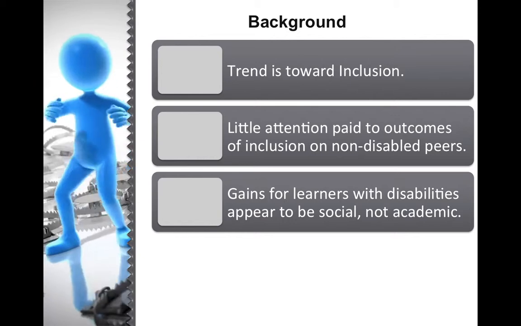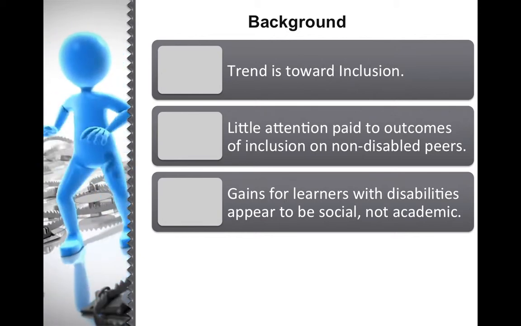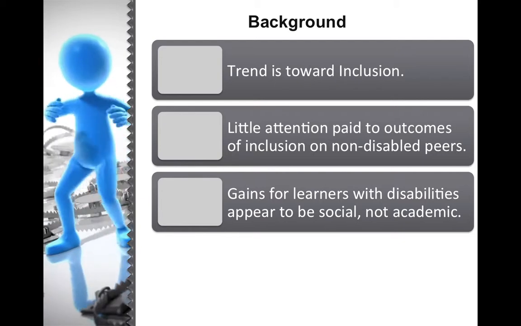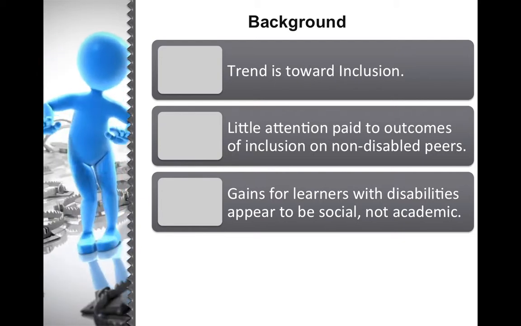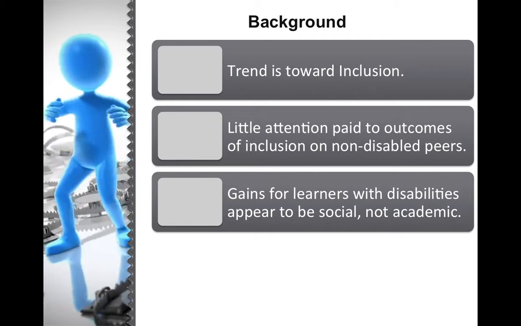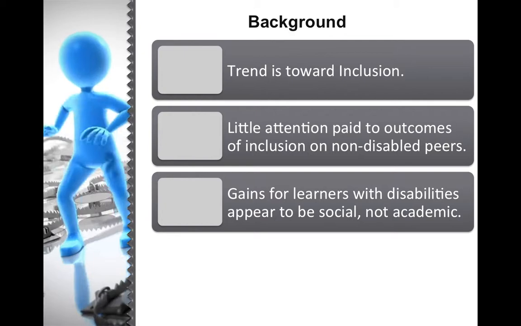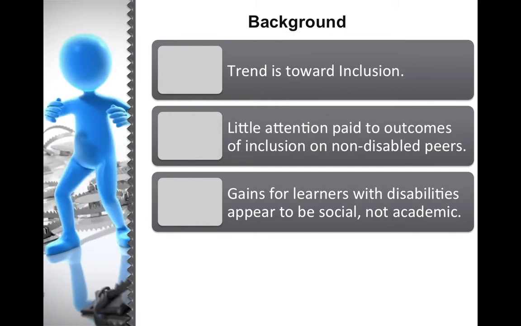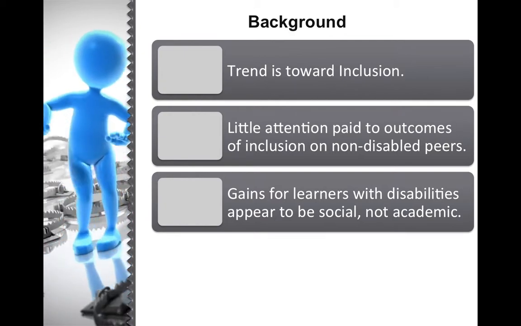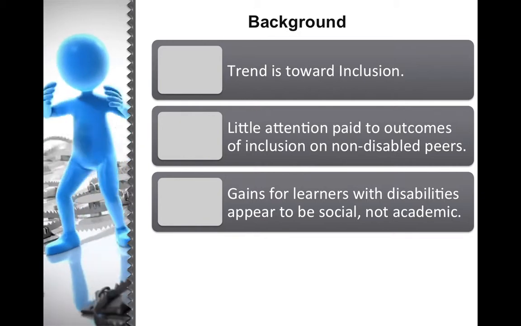So anyway, we're talking about the challenges of implementing full inclusion. There's a trend toward it. And just like all trends, people tend to grab onto them a little bit too much. One of the problems that we find is that we don't really know research results. It's very difficult. Models are so different.